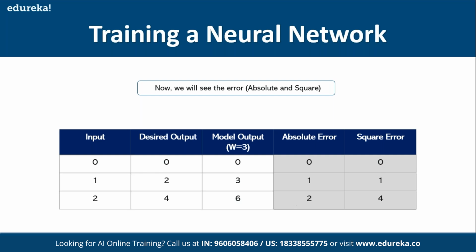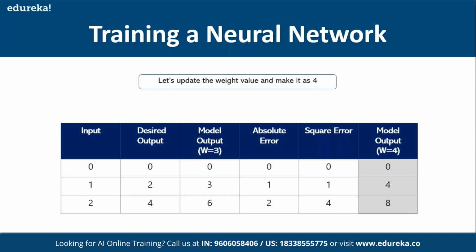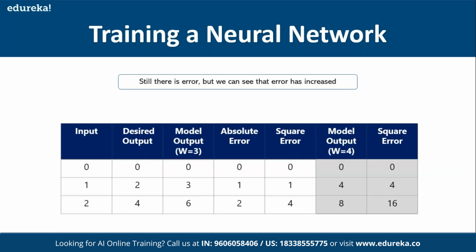For this model output where w is equal to 3, I got my squared error as 0, 1 and 4. Now I change my weight from 3 to 4. I get the values 0, 4 and 8, which is 4 into 0 is 0, 4 into 1 is 4, 4 into 2 is 8. Now I get my absolute and squared error directly: the squares are 0, 4 and 16.